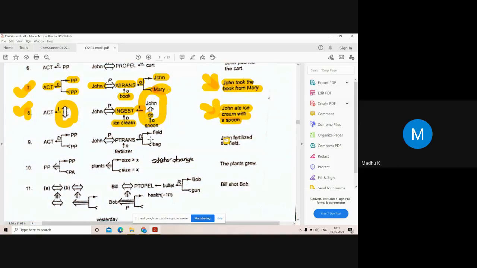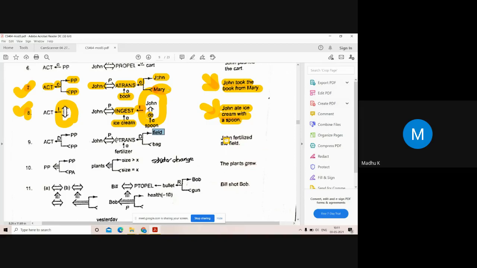John placed the fertilizer from the bag to the field. This is the concept involved in it. John fertilized the field. I represented it in this way.